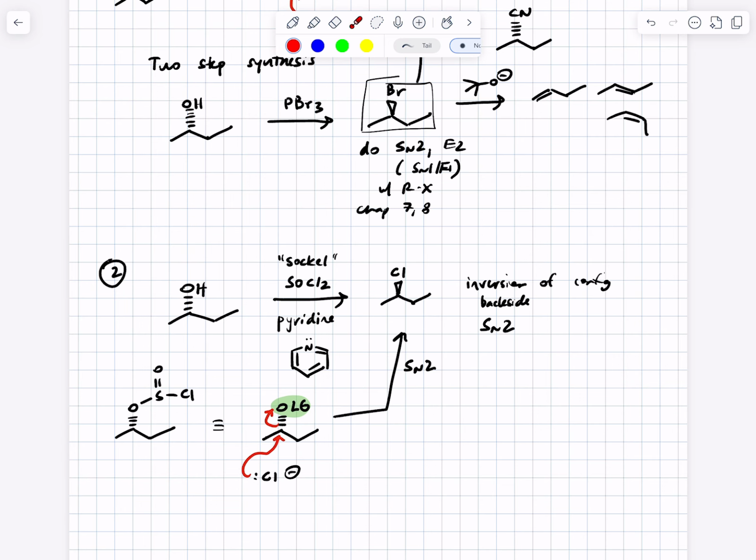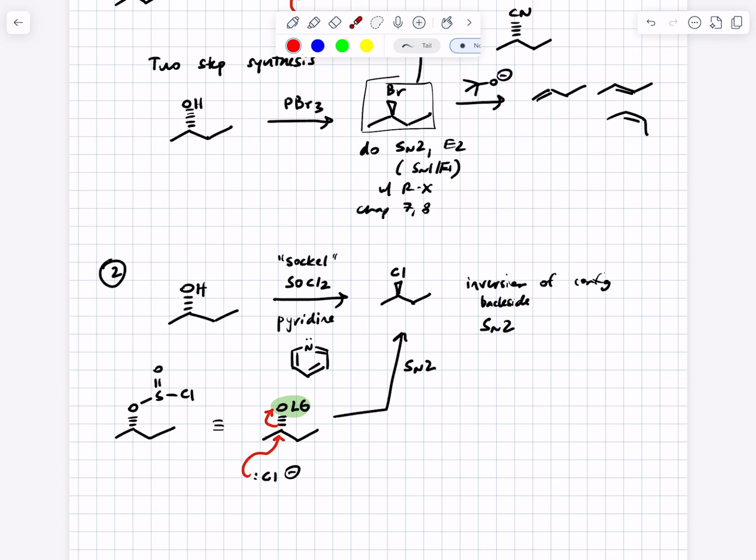You can do, with this alkyl halide, any of the things that you can do in chapters 7 and 8 with alkyl halides. Okay, so that's two, and they basically work the same way. You turn OH into a good leaving group, and then you have a nucleophile, either Br minus or Cl minus, attack from the backside.